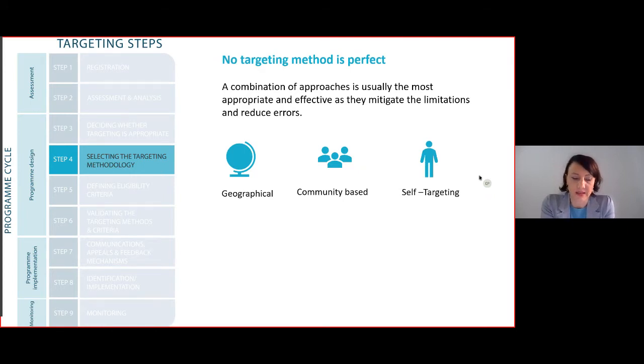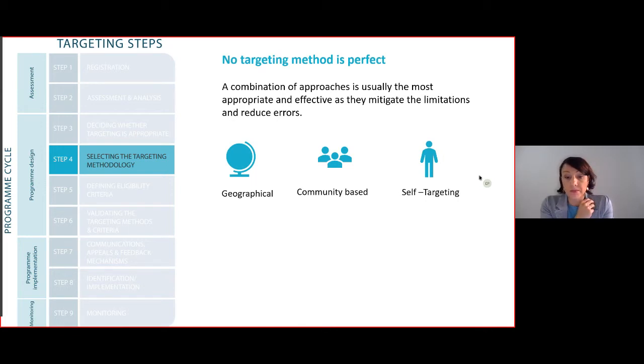We target a geographical area that we think is most in need. It can be a camp, but it can also be a region or an area hit by a specific natural hazard or a crisis. So we don't target a specific household, but all the population living in a specific area.